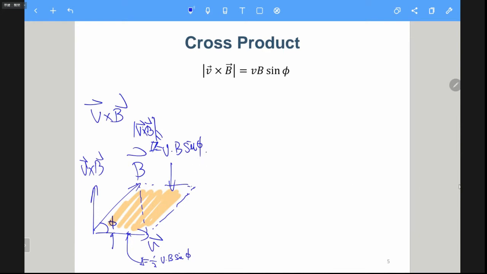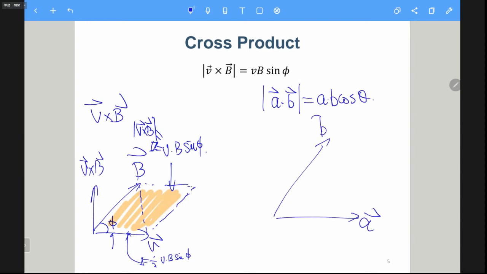Before this, we know the dot product. Suppose we have A dot B. If we take the absolute value, it will be A times B cosine theta, where theta is the angle between them. If we have vector A and vector B, this is theta.